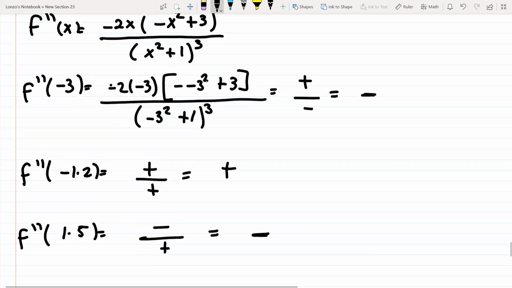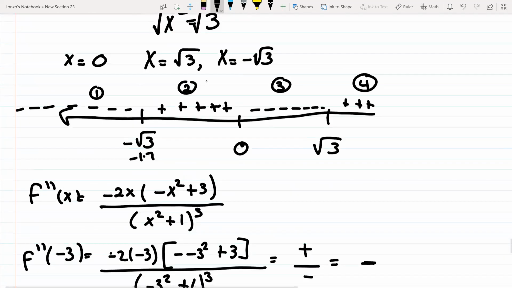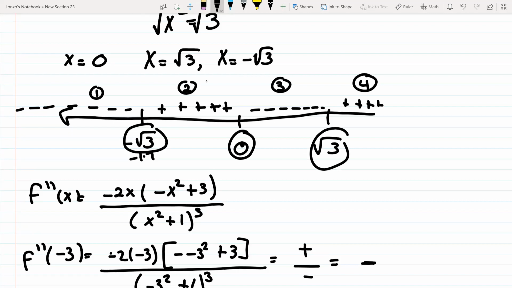So boundary 4 would be positive. So it is positive in boundary 2 and boundary 4, and negative in boundary 1 and boundary 3. And we actually have 3 x values of points of inflection, right? We have a point of inflection at the x value of negative radical 3, at the x value of 0, and positive radical 3, because if you see the sign chart, it changes from negative to positive to negative.